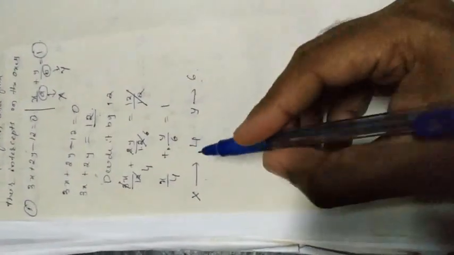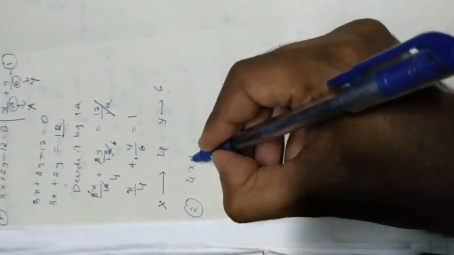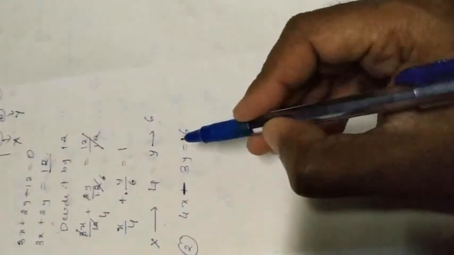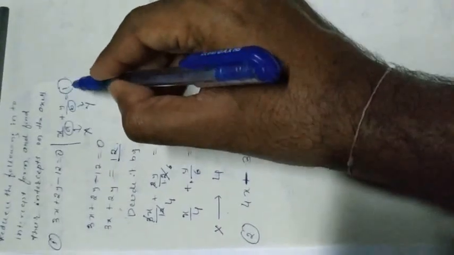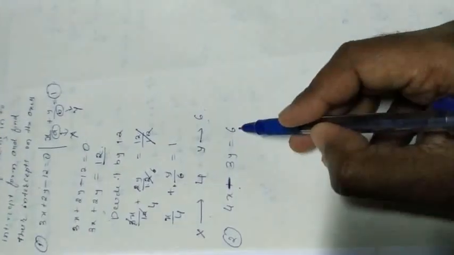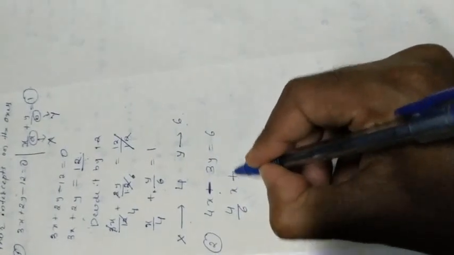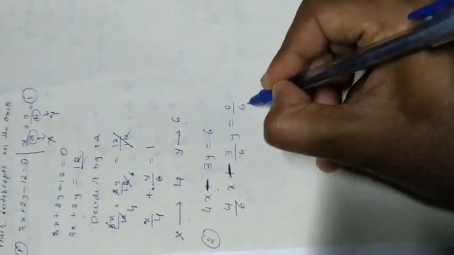The next example, the second one, I'm going to solve here: 4x minus 3y is equal to 6. Here again we have to convert it into the intercept form of the equation of a line. We already have the constant term on the RHS, but it is 6 and not 1. So the LHS and RHS are again divided by 6, that is 4 by 6x minus 3 by 6y is equal to 6 by 6.